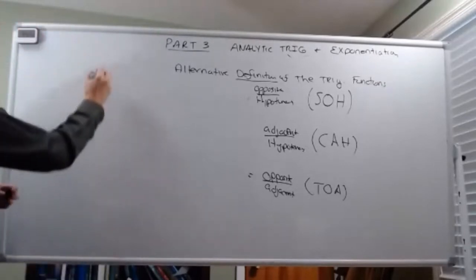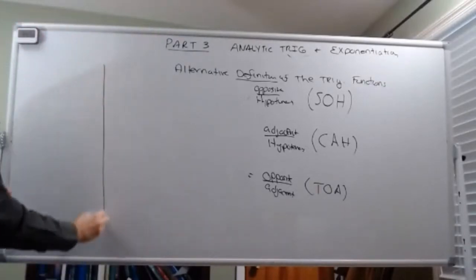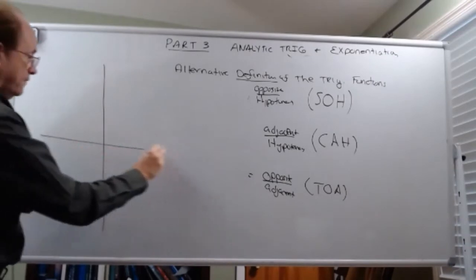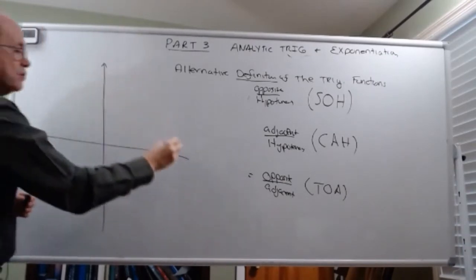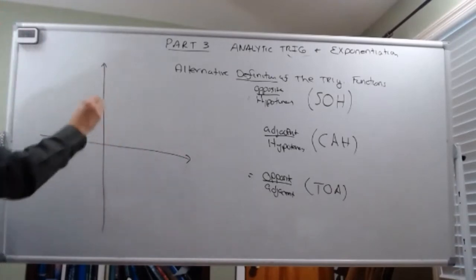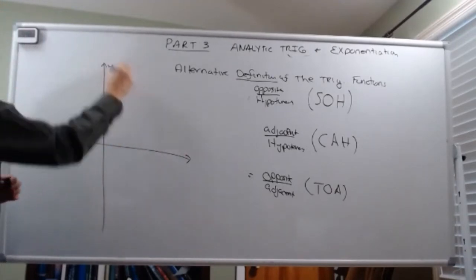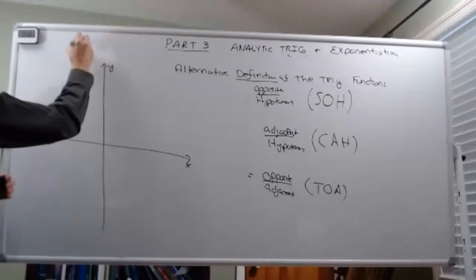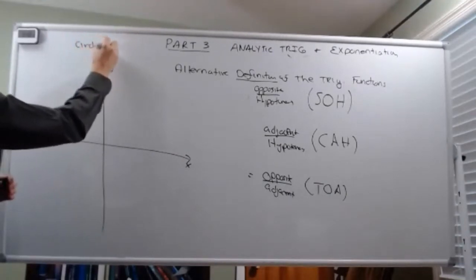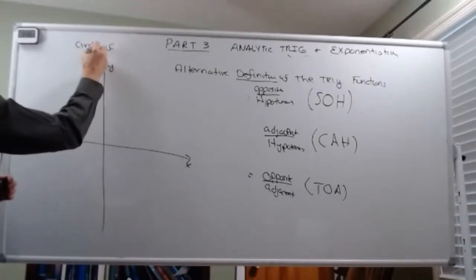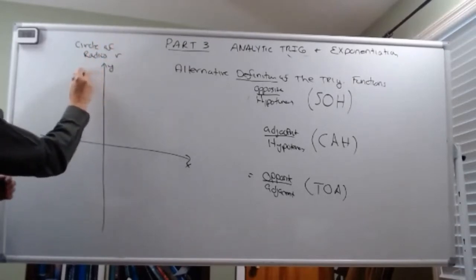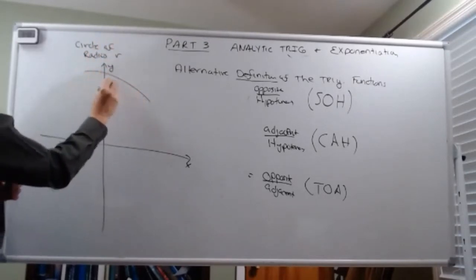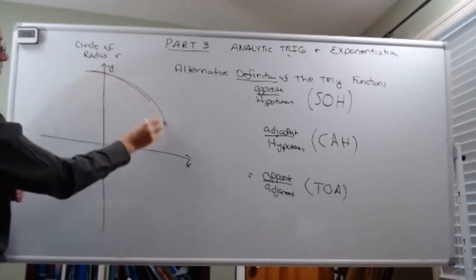So I'll plug this into my XY coordinate system here. And here's my, now instead of a unit circle, let's do a circle of radius r. Just like we did in chapter 3, we can expand it out beyond the unit circle. I want to make it as circular as possible.